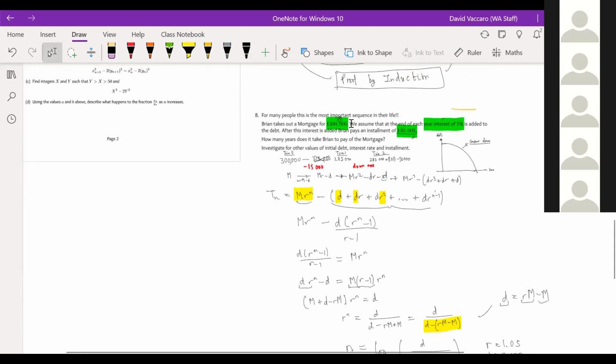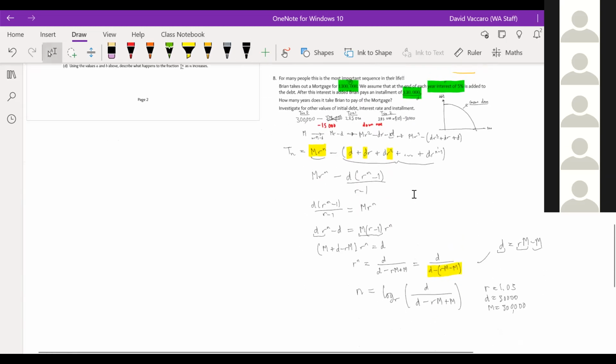Before I figure out that number, can people put in the chat what they think will be the answer just by eyeballing it? So the mortgage is £300,000 and he's paying £30,000 a year at 5% interest. Put in the chat what you think the answer will be, and I will evaluate it.